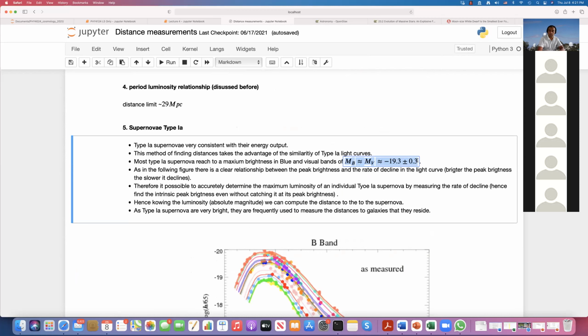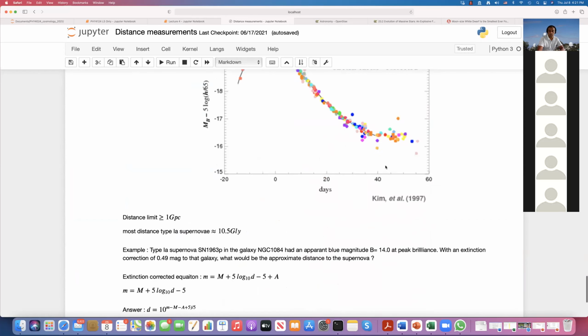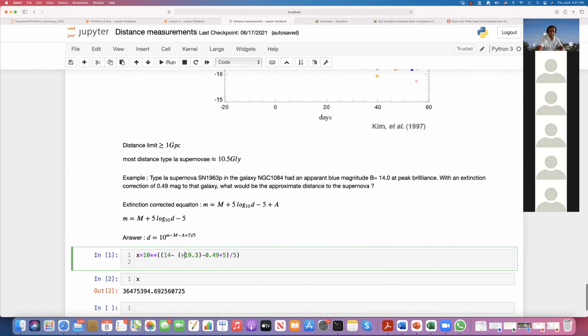This is why you can use these supernovas effectively to measure distances, because all these supernovas will have the same absolute magnitude at maximum brightness, right? So that value is a constant, minus 19.3. So all you need to do is plug it here, minus 19.3.